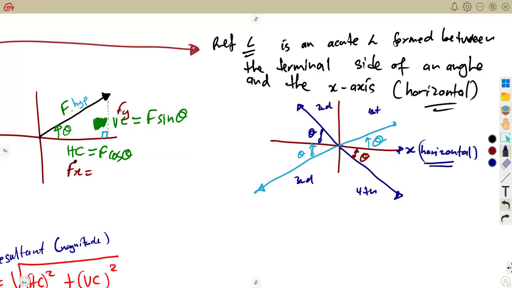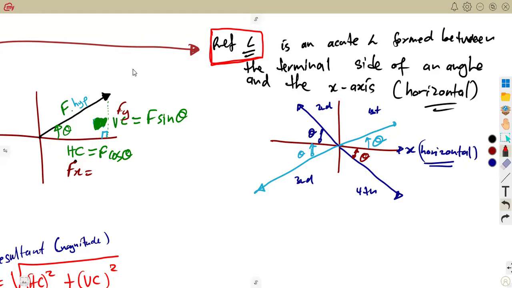So using the reference angles now, how do we combine our forces? When you are using the horizontal components and vertical components, but the angle that you are working with is the reference angle, how are you going to take your answers? Whenever you're using the reference angle, you consider the sign of the trig in that quadrant.